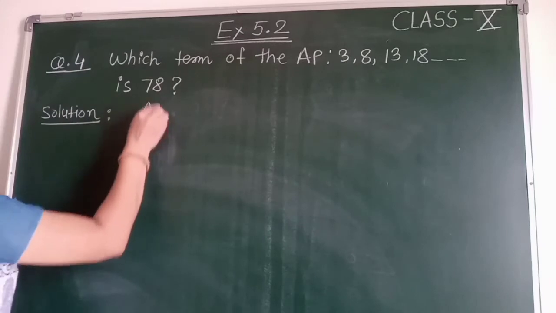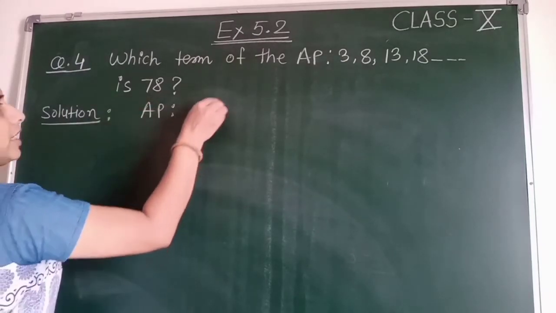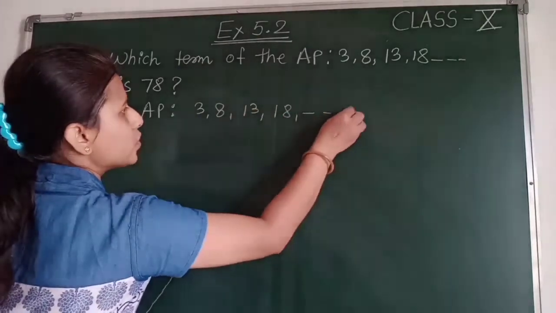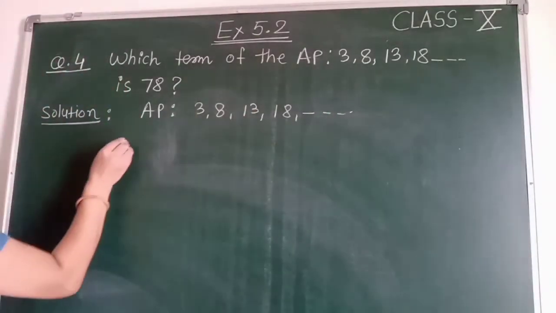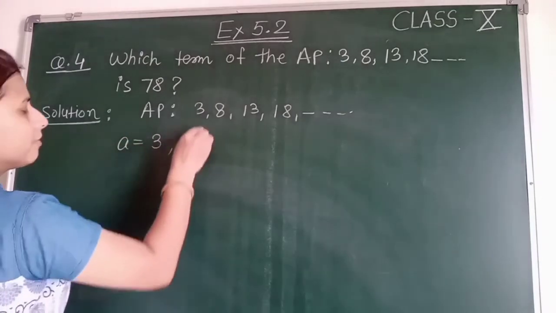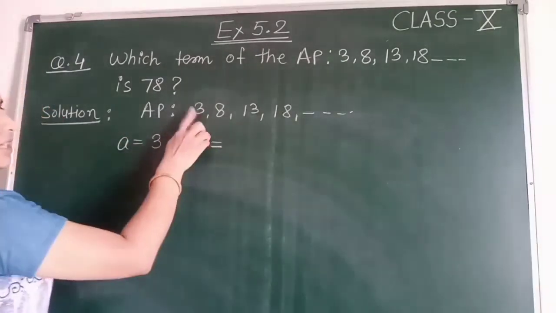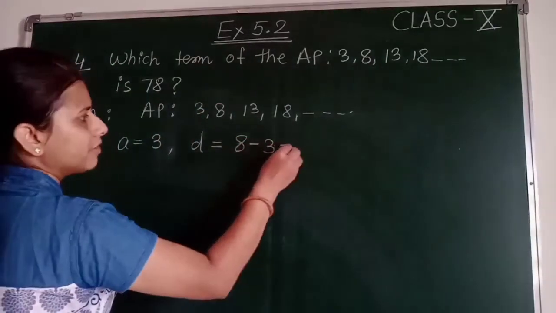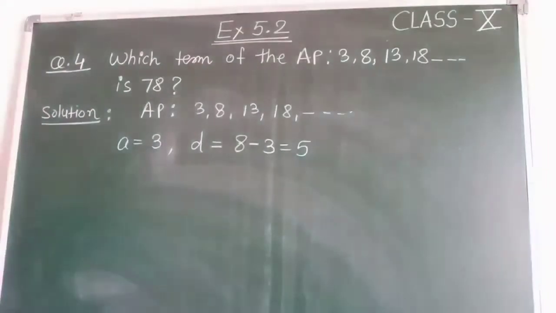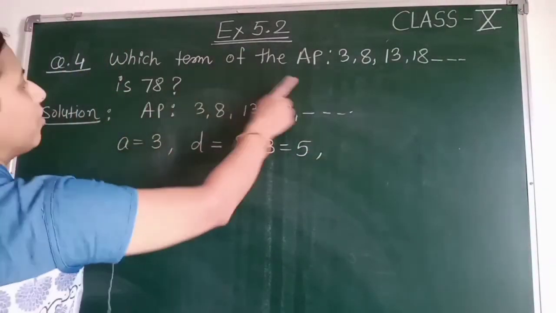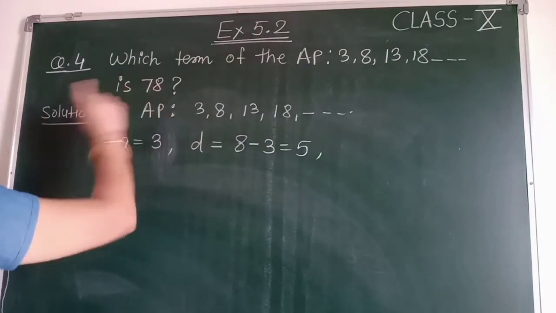Here the AP is 3, 8, 13, 18 and so on. As you can see here, student, A is 3, the first term. For finding D, we will subtract the first term from the second term. 8 minus 3, what will we get? We will get 5.